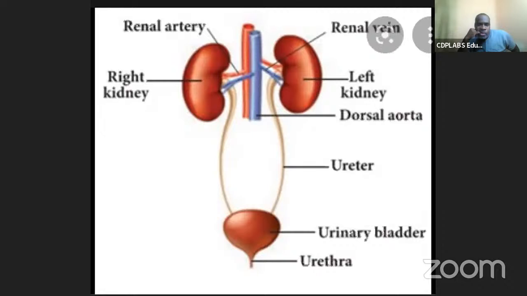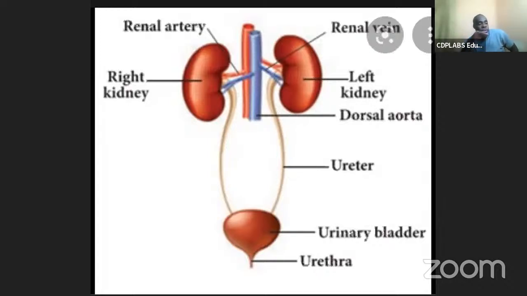Read back what it is. So the main blood vessels that carry blood from the kidney and the ureter to the inferior vena cava, a large vein that carries blood to the heart from the lower part of the body.